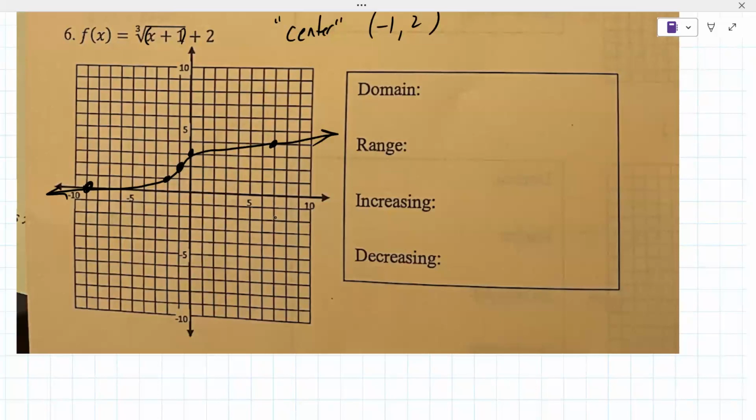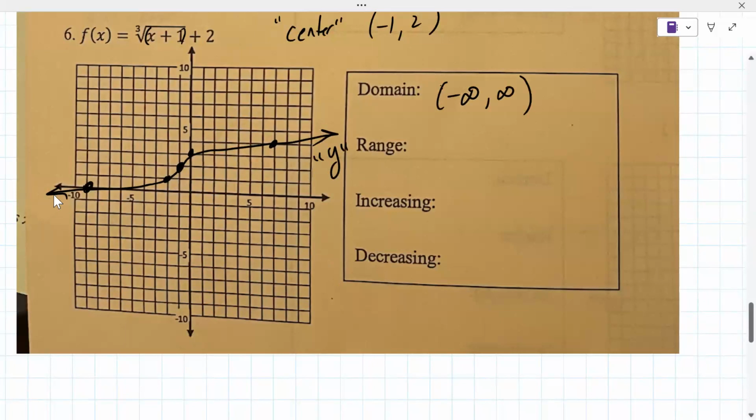Now we can talk about domain and range. What do you think the domain is on this? All real numbers, minus infinity to infinity. Range is a little bit tougher because you may not see that or even believe that it goes down forever.